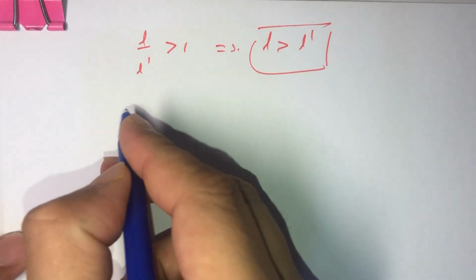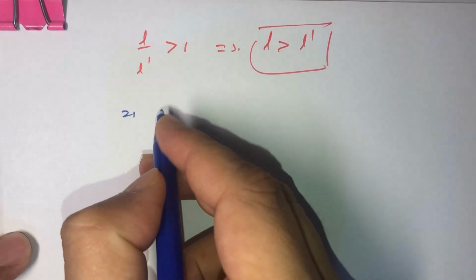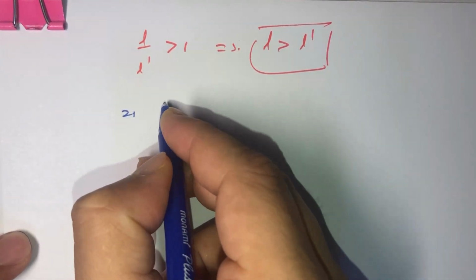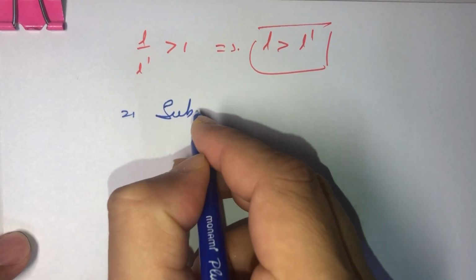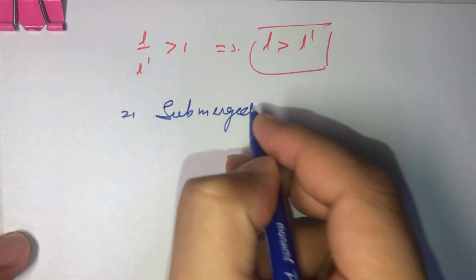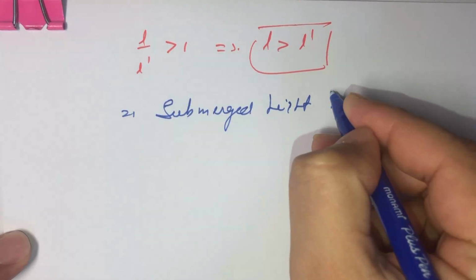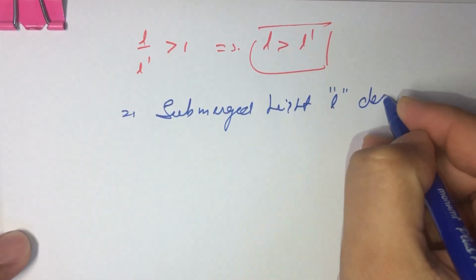Therefore the submerged height, which was L, decreases.